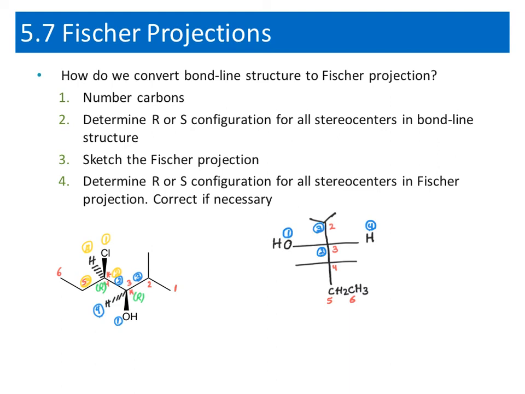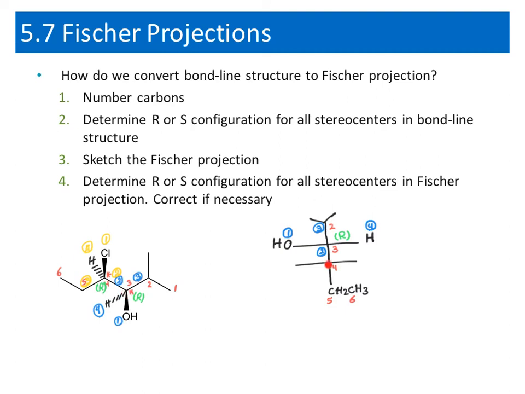So let's count. This is 1, 2, 3. I am rotating counterclockwise, and my lowest priority, hydrogen, is in the horizontal line, so I need to flip the configuration. Therefore, this is R, which matches the configuration that I figured out in the bond line structure.